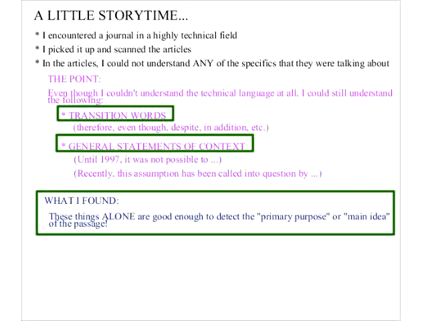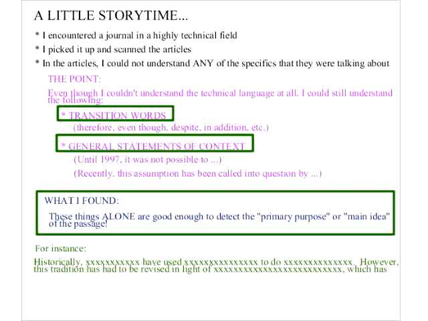As an example, I don't remember exactly what was going on with these articles because I'm not really a memory person, but for instance, if you see something like, historically, some people have used something to do something. However, this tradition has had to be revised in light of some specific that I don't understand, which has done something that I don't understand.